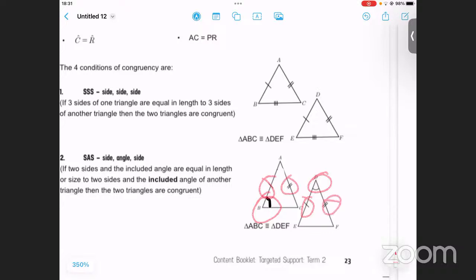So you see, you have three things that are equal, but this does not mean congruency, because if you look at the position of the angle in triangle ABC, it is not the same as the position in triangle DEF. The one is between the equal sides, and the other one is outside the equal sides, right? So there's no congruency here. So you should pay very much attention to the position of the angles and the sides.